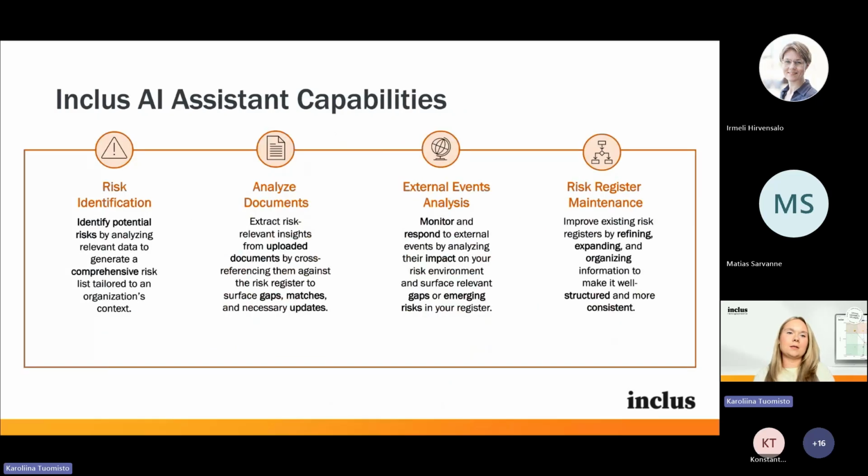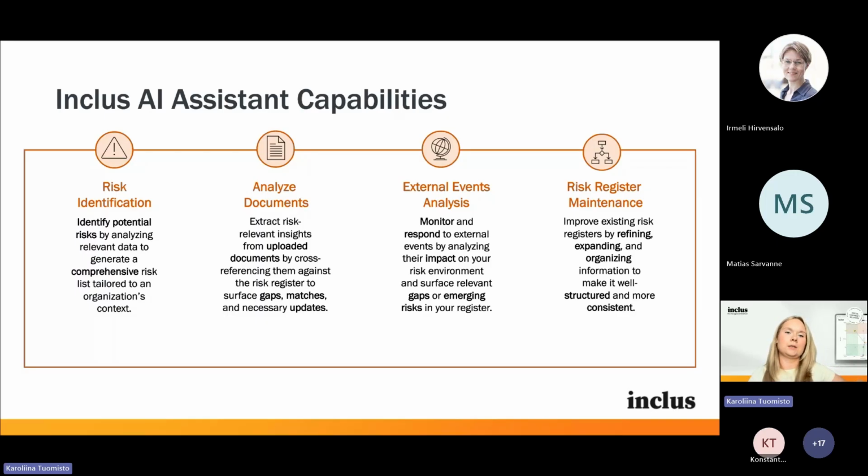On the next slide, we have a few examples of the Inclus AI assistant capabilities at the moment. There is, for example, the risk identification mentioned earlier, and then we can analyze documents with the help of the AI assistant as well.